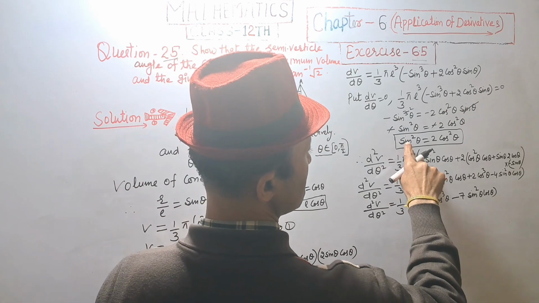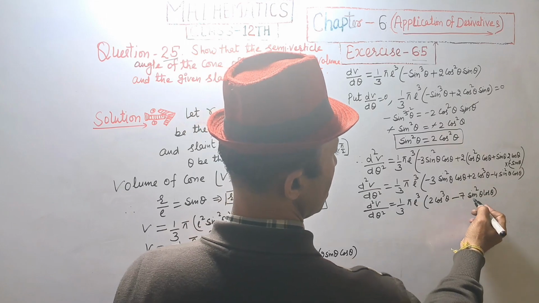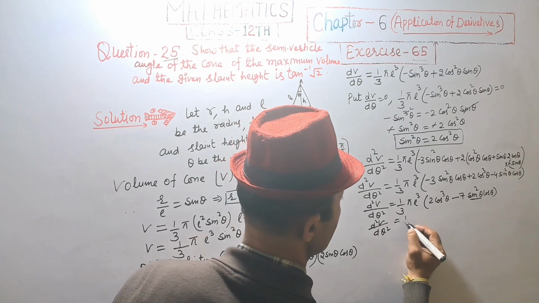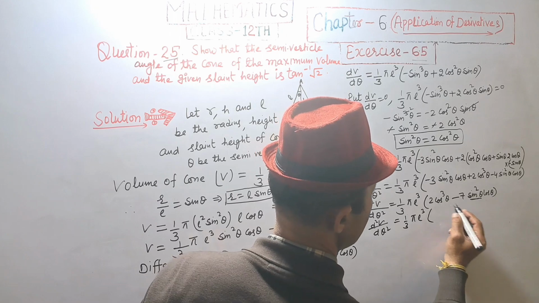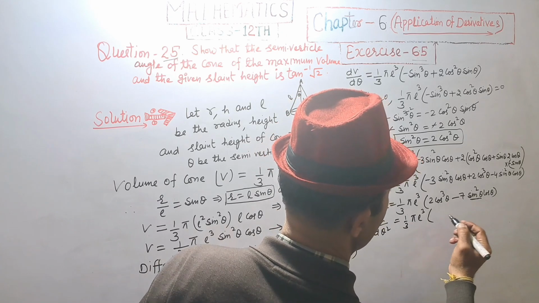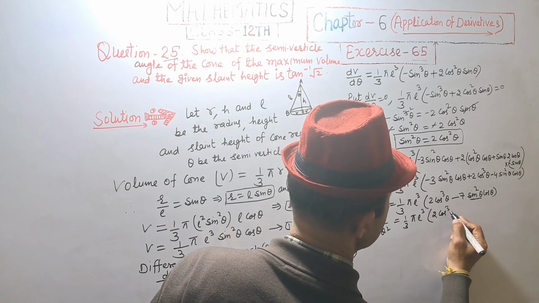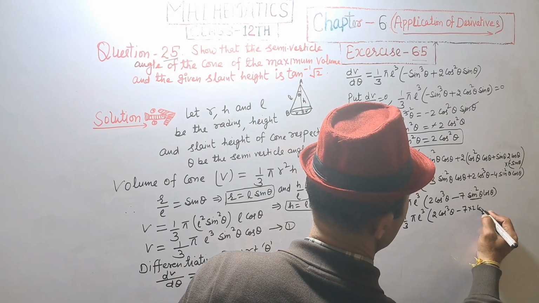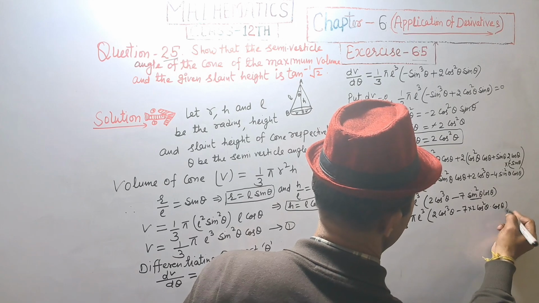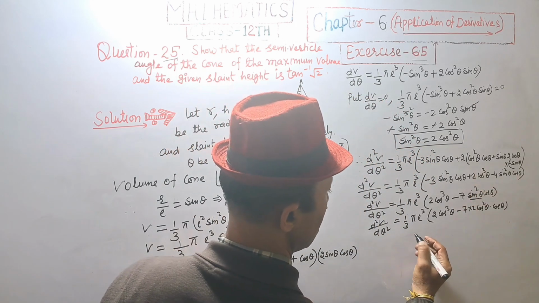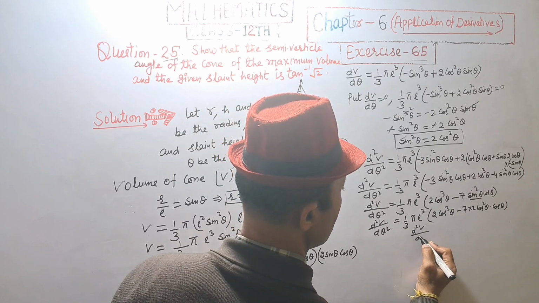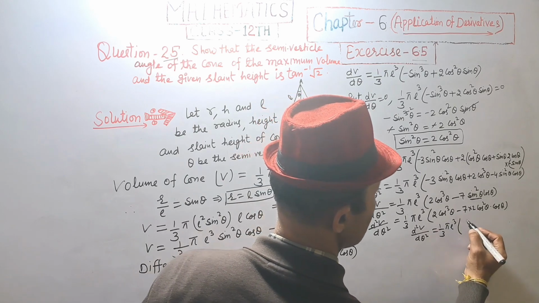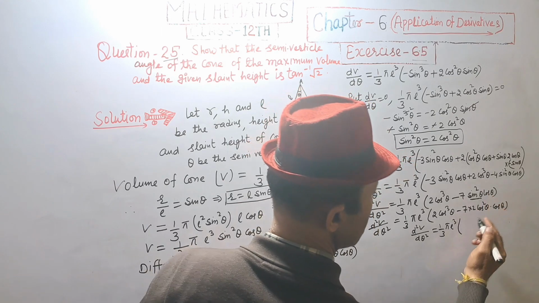Sin square theta equal to 2 cos square theta, we are putting here. d square V upon d theta square is equal to 1 by 3 pi L raised to power 3 into 2 cos cube theta minus 7 sin square theta, which is 2 cos square theta, into cos theta, that is minus 14 cos cube theta.